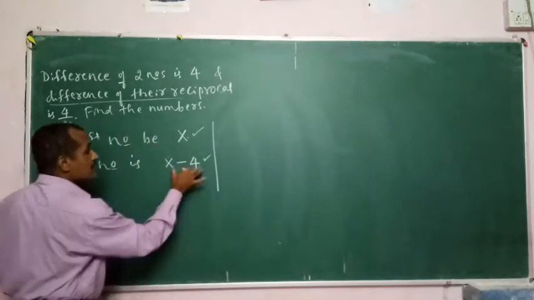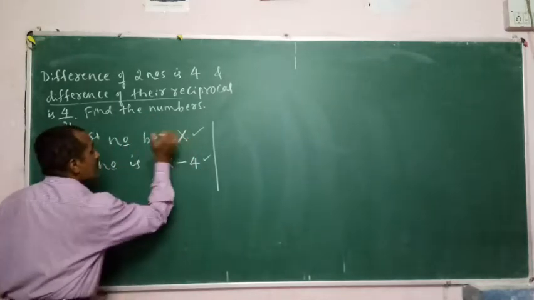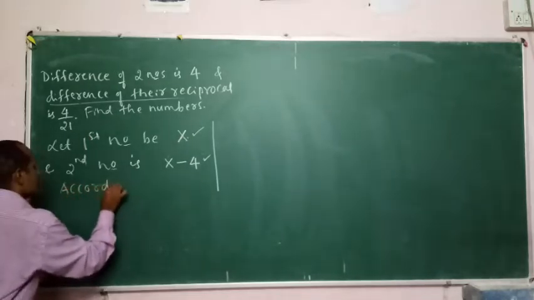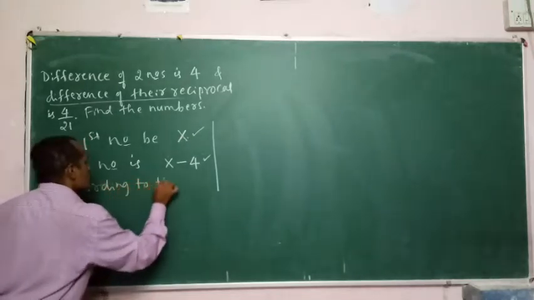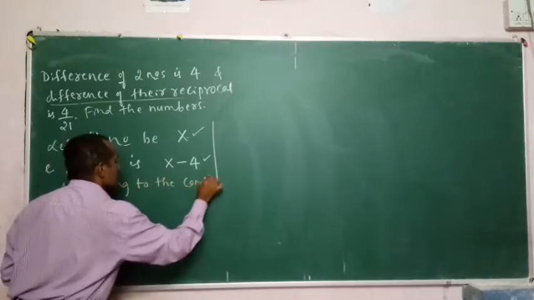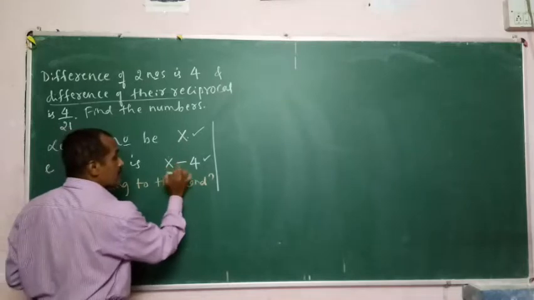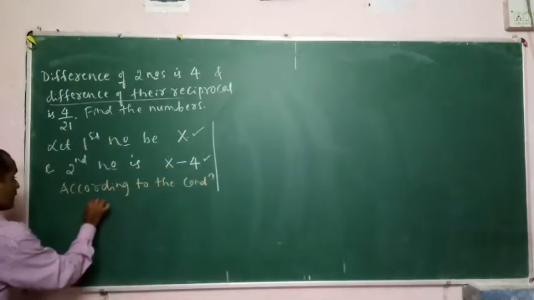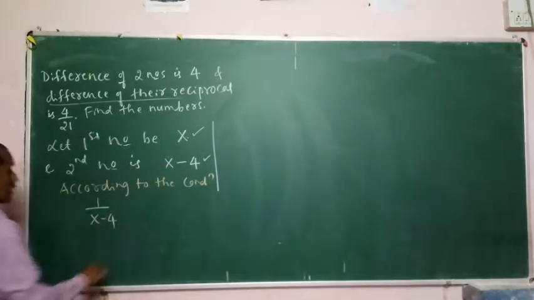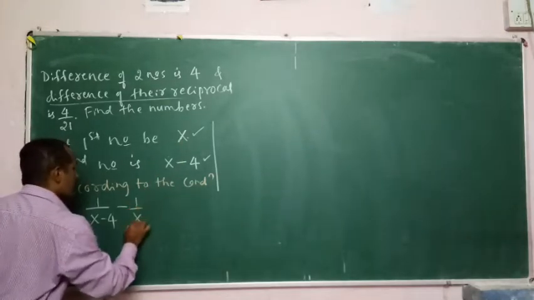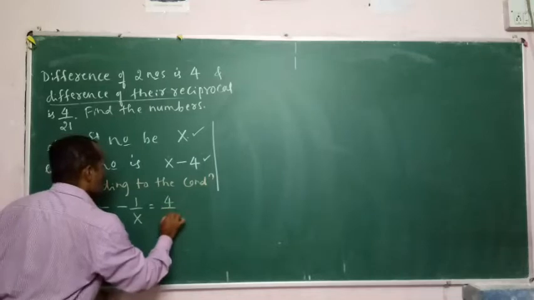When you make the reciprocal, this value is more and this value is less. I can write according to the condition. According to the condition, this reciprocal value is greater: 1 by x minus 4, I will write first, minus the reciprocal of this, 1 by x. The answer is 4 by 21.